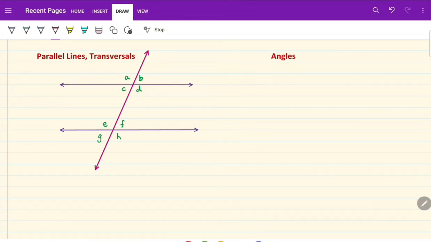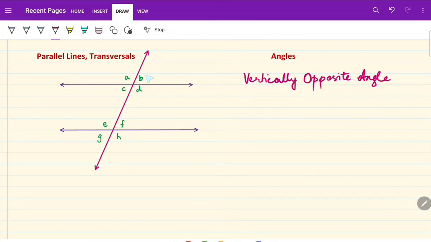So let me first write here: vertically opposite angles. So in the upper portion of the intersection, we see angle A and angle D are vertically opposite to each other.